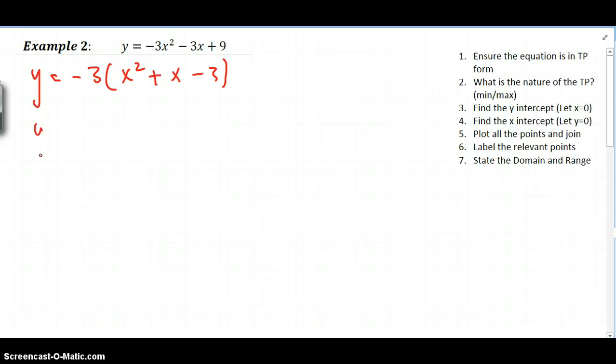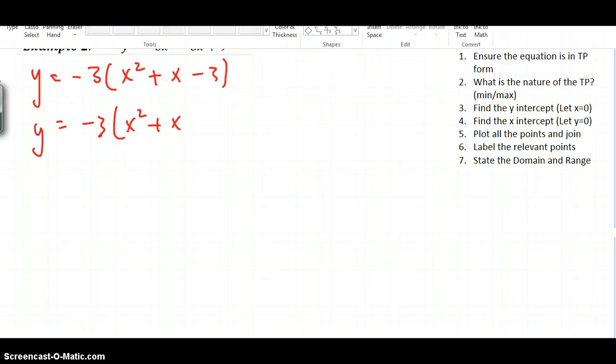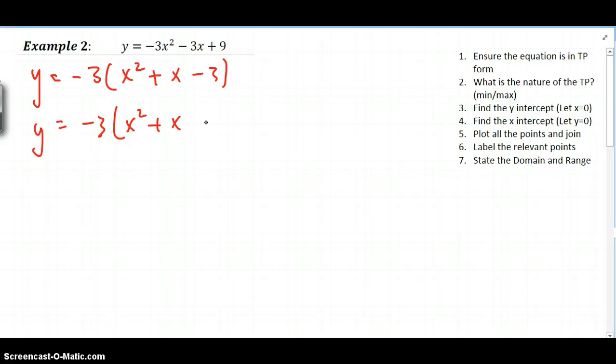So this becomes y equals minus 3 brackets x squared plus x. Well, what's half of x, or what's half of 1? 1 half, and we would square that, and then we go minus 1 half squared, and then we go minus 3.